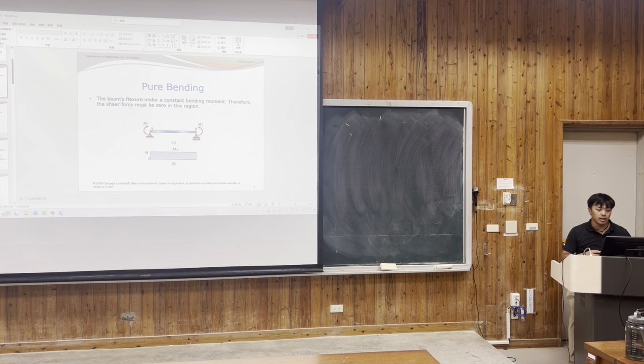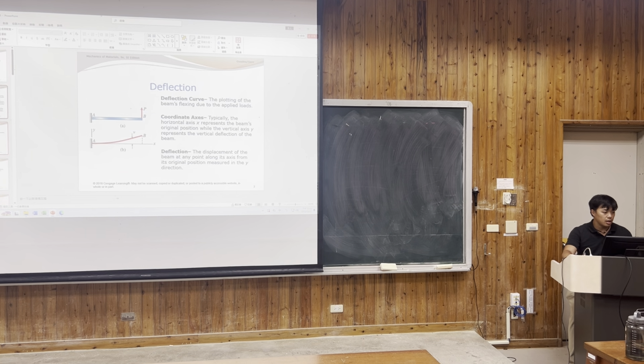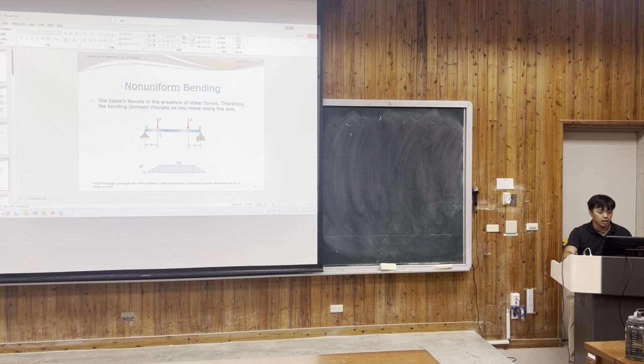The case I drew is where the moments are all in the same direction. In this case, this is the moment diagram of this situation. And there's another case. This is the moment diagram of this non-uniform bending.